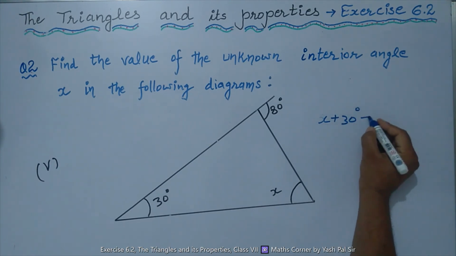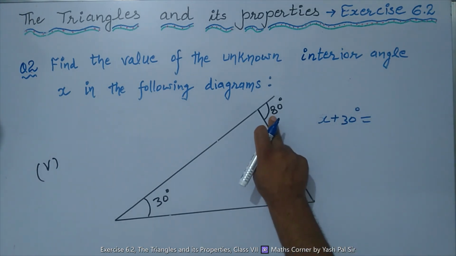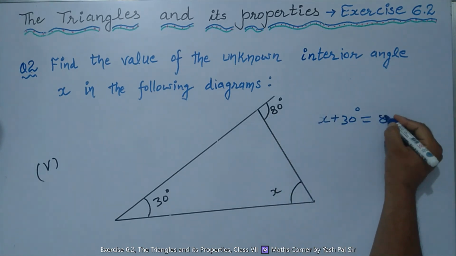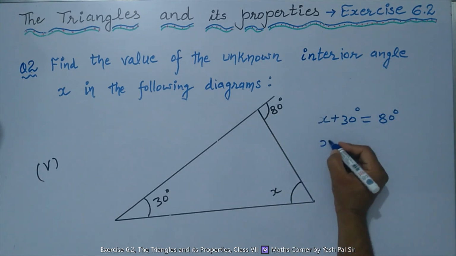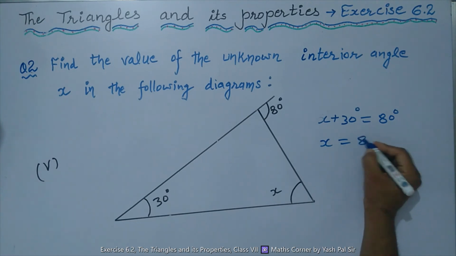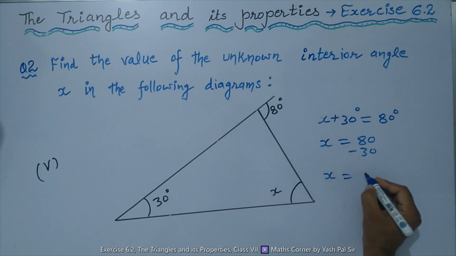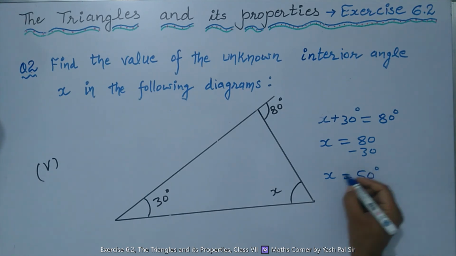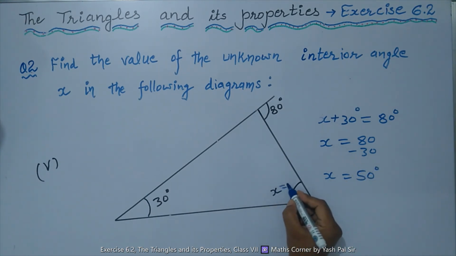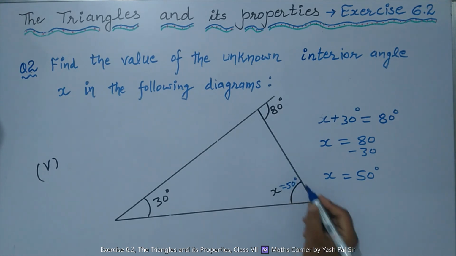What is the property? This sum is equal to the exterior angle, 80 degrees. So x is equal to 80 minus 30. That is x is equal to 50 degrees. x is equal to 50 degrees is the answer.